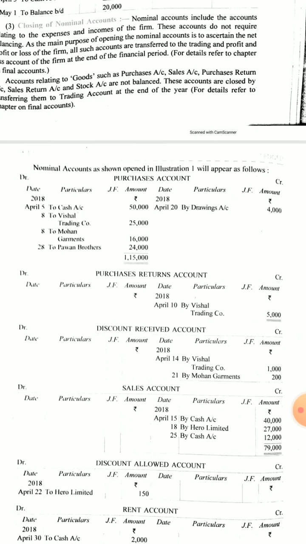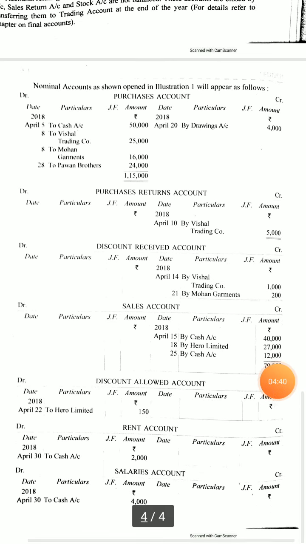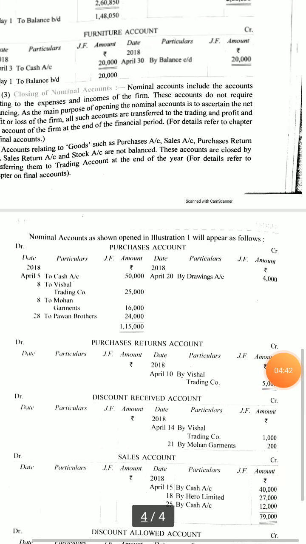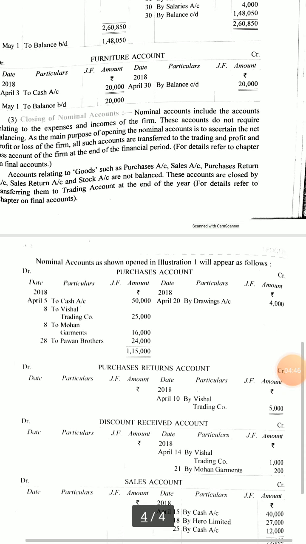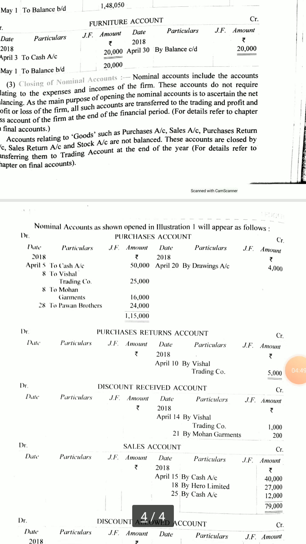In the case of nominal accounts, generally these are not balanced, because there is only one side entered in them, and this is directly transferred.